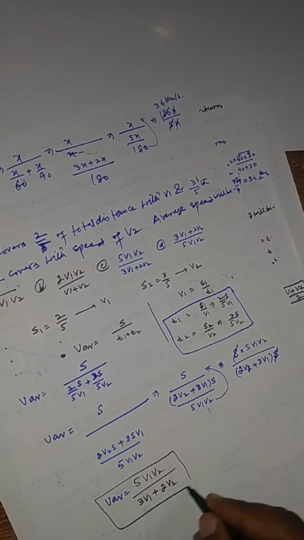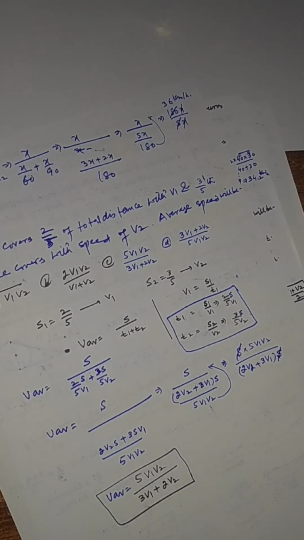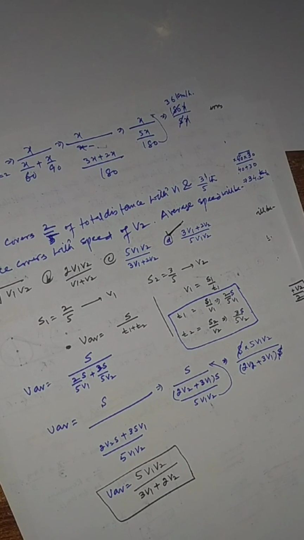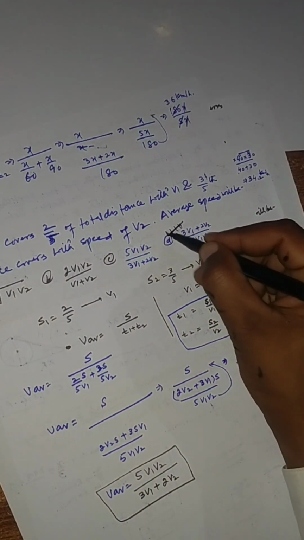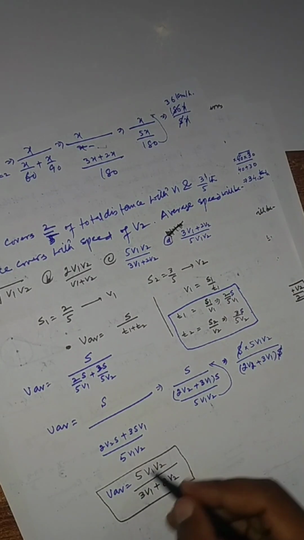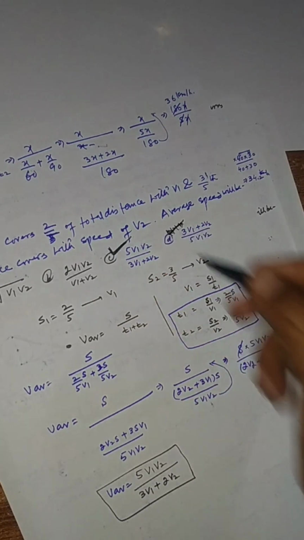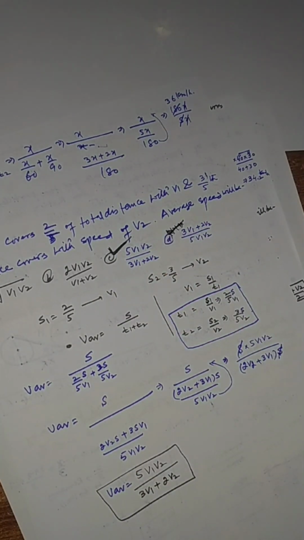This is the average speed if a body covers 2/5 of the total distance with v1 and 3/5 with v2. So the correct option is C, 5v1 into v2 over 3v1 plus 2v2.